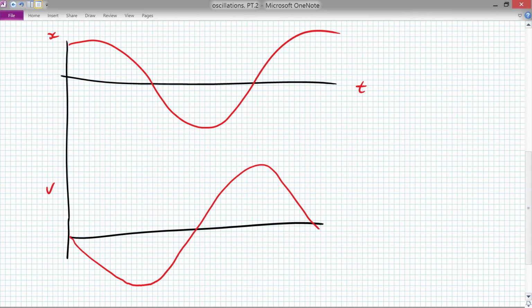And we can see here, as my position moves from positive A to negative amplitude, my gradient is negative, which means my velocity is at a negative maximum, so minus v max. And likewise, up here, when I'm crossing the equilibrium position at 0, it's now positive, so my velocity is positive v max up here.